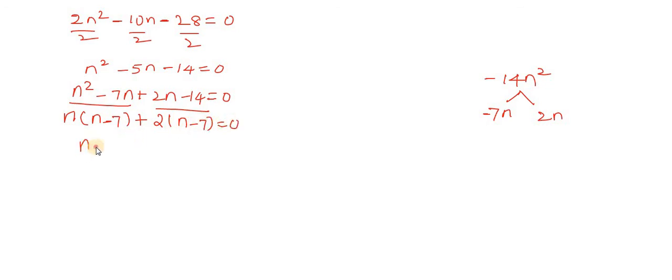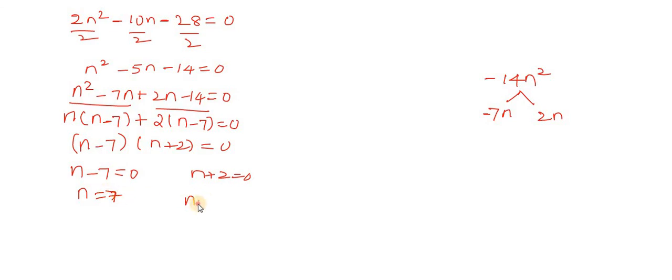Now simplify this. n minus 7 is equal to 0, and n plus 2 is equal to 0. So we got n is equal to 7, and n is equal to minus 2.